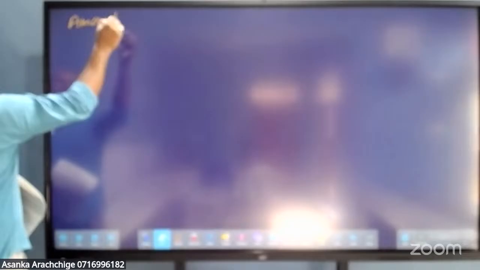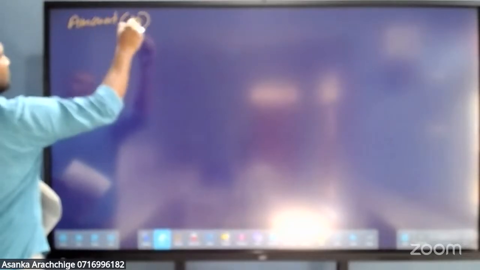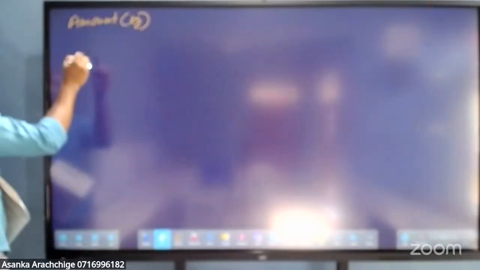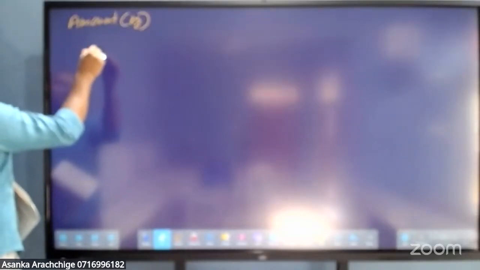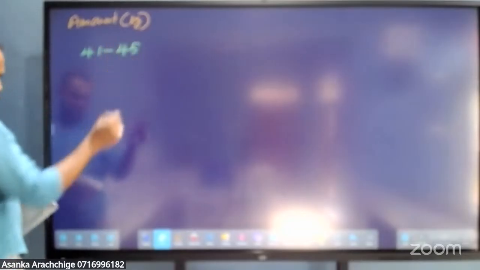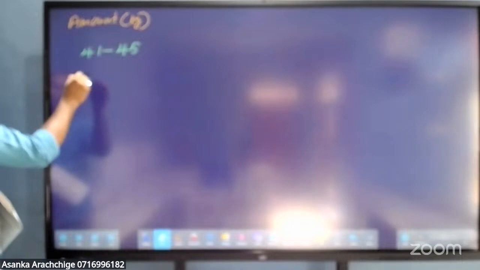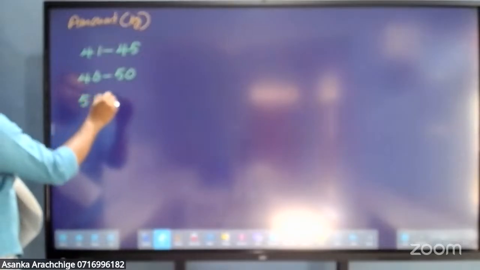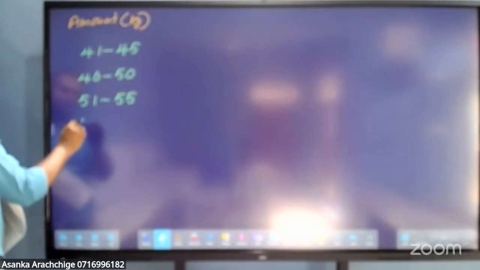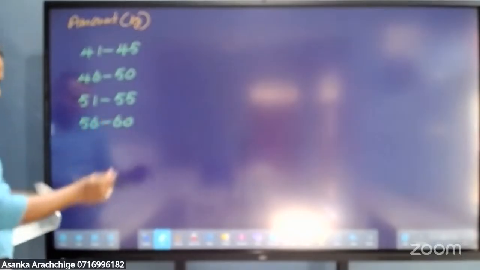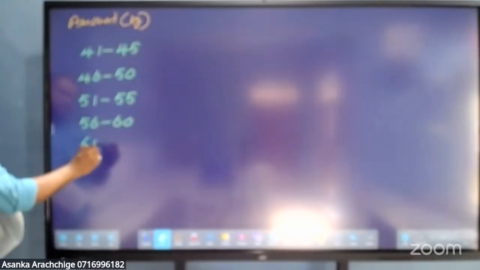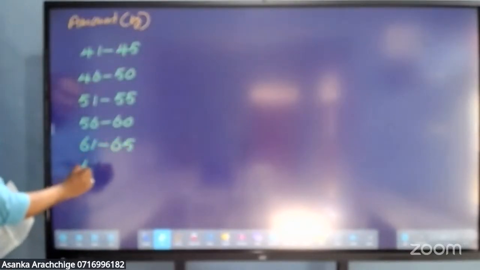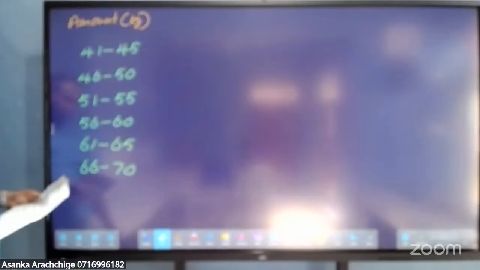Amount of rice given in kilograms: 41 to 45, 46 to 50, 51 to 55, 56 to 60, 61 to 65, 66 to 70.